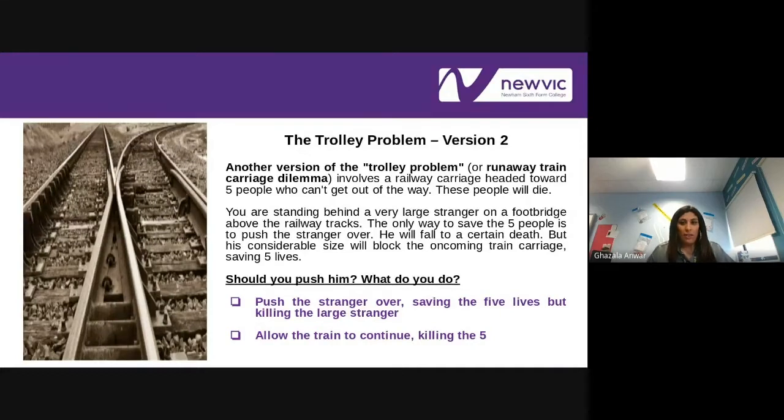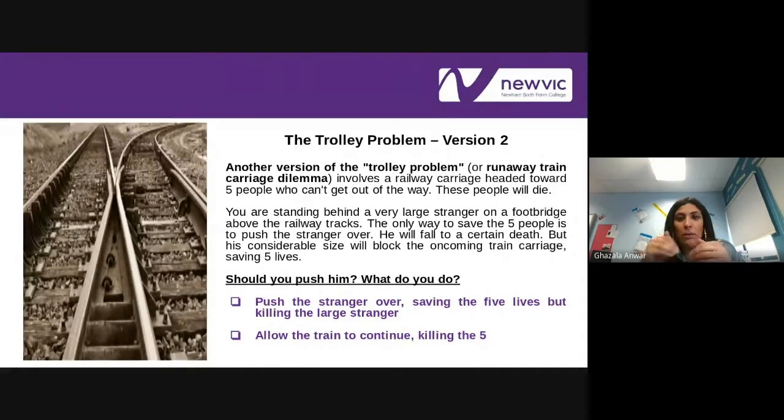He will fall to a certain death, but his considerable size will block the oncoming train carriage, saving 5 lives. Okay, now what do you do? Should you push the stranger over, saving the 5 lives but killing the large stranger? Or will you allow the train to continue, killing the 5 people?